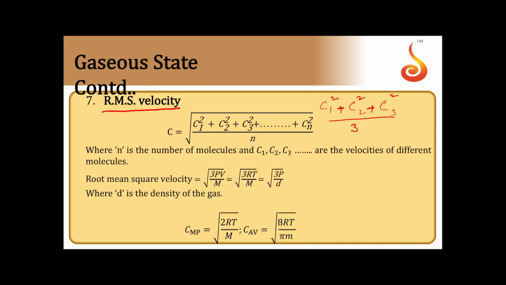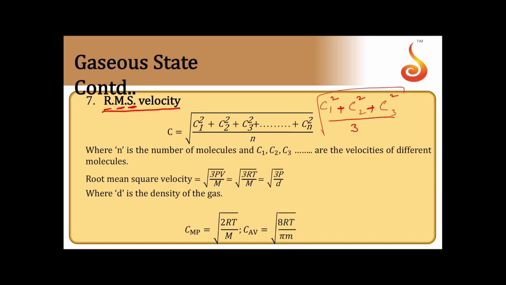We get the average of the squares of the velocities, and then we take the root of this. That is said to be root mean square velocity. We take the squares, take the mean of the squares, and take the root over the mean of the squares.